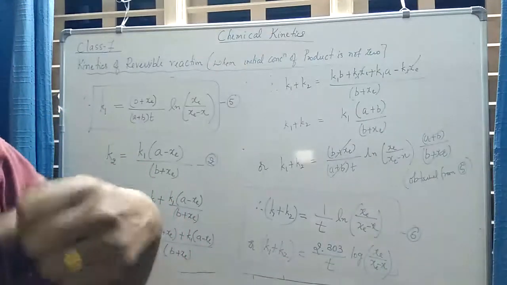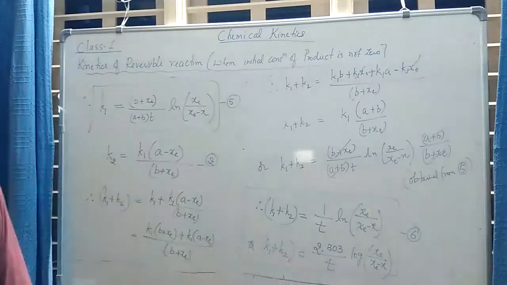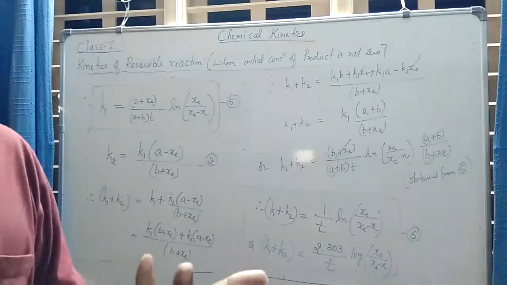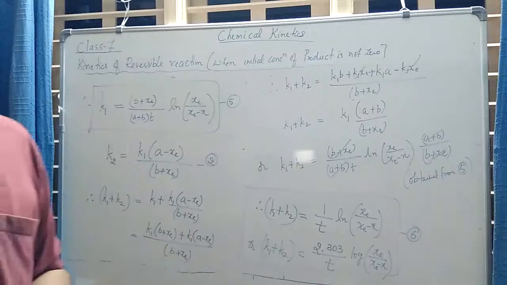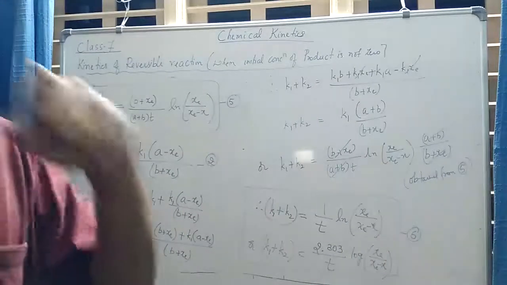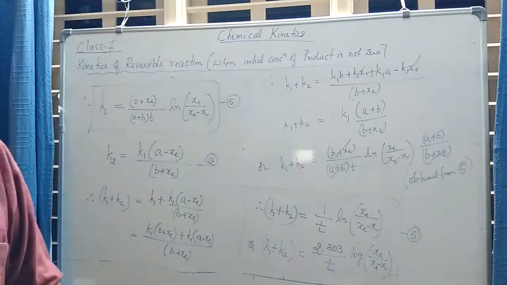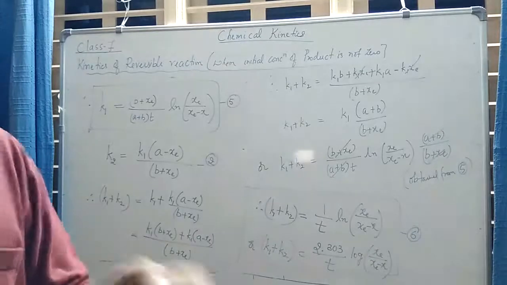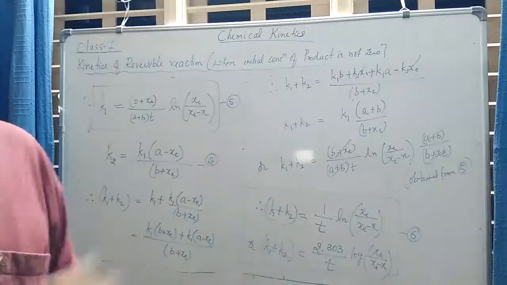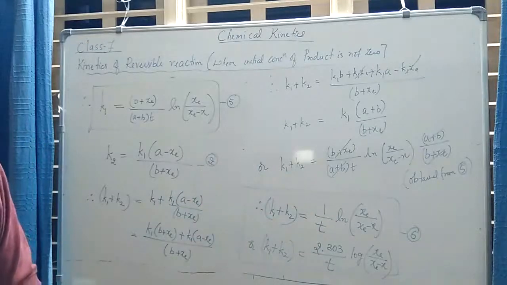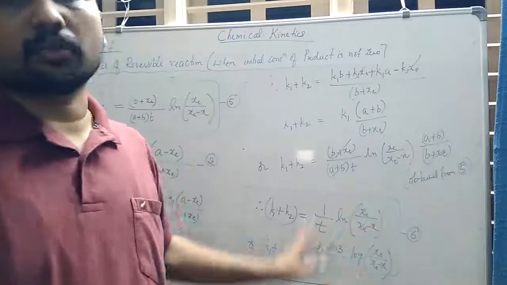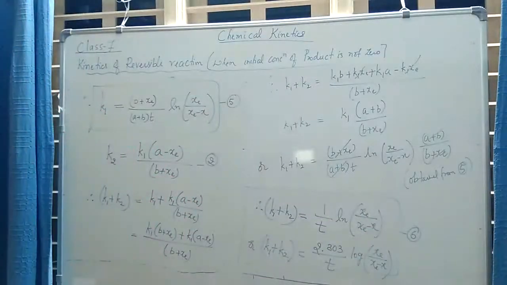So the time needed to reach equilibrium changes, now the reaction is reaching equilibrium either very fast or very slow. So ultimately the equilibrium is attained, but at what time that equilibrium is attained is different for the two cases. Okay, and therefore the value of the equilibrium concentration will also be different. So xe values are different for case 1 and case 2, but the overall expression for k1 plus k2 are similar.